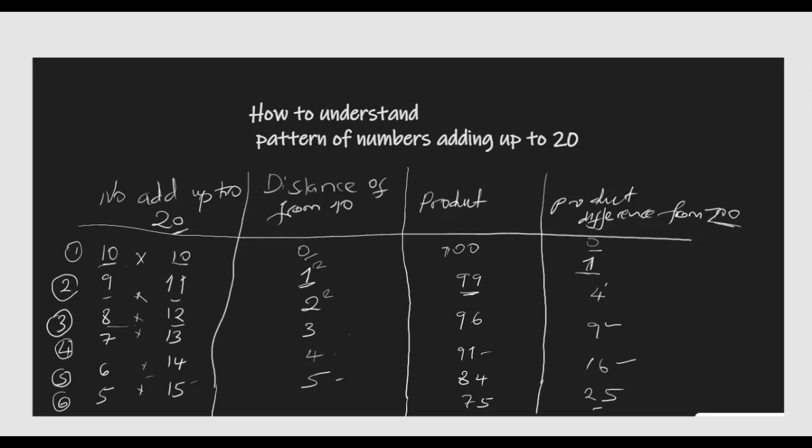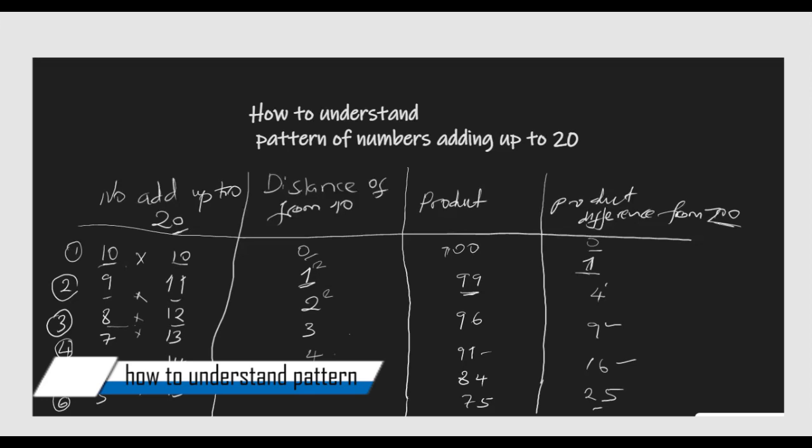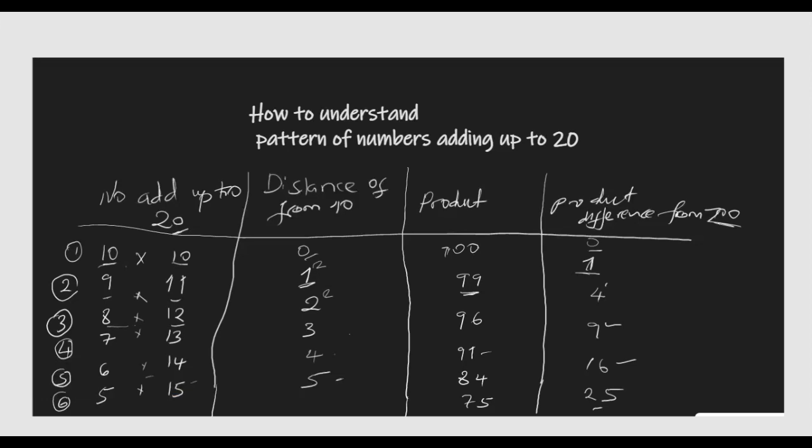You realize that the distance between the number you took here, like 10, as you try to reduce them and you get the products, the difference between the biggest number and the following number is almost like the square of the difference between the consecutive numbers like 10 and 9 and 8. And so you see here, the difference between 9 and 10 is 1. And if you square that one, it gives you 1. And if that's what you subtract from 100, you get 99.